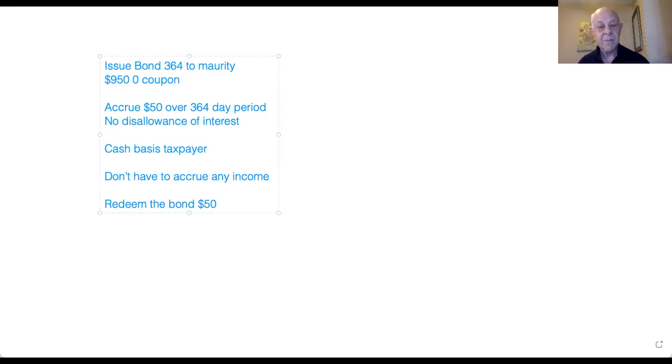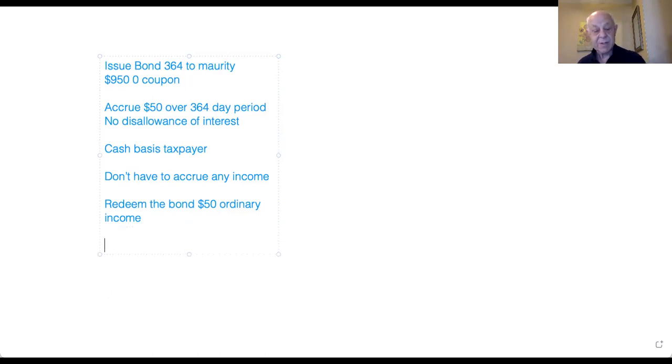It's not capital, but I've got $50 of ordinary income. And the beauty of it is, if I bought the bond in March of this year and it matures in March of next year, between March and December, I don't have to accrue any income. I don't have to pay my taxes early on the income. I can wait until I redeem it next March, and then I'll pick up the income all in the following year, and I'm very happy.